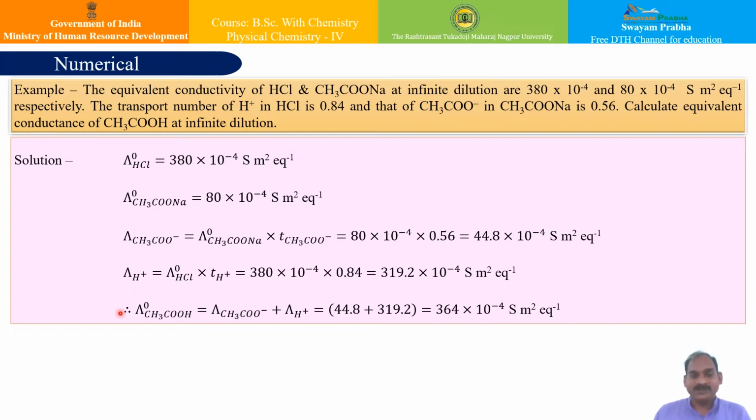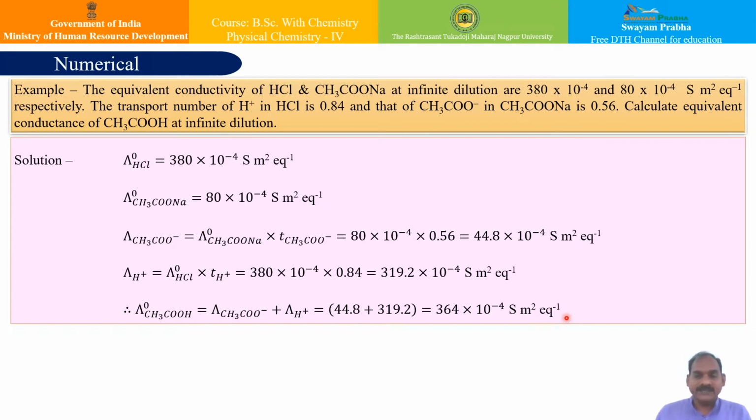And if I substitute this in the splitting, the equivalent conductance of acetic acid at infinite dilution is equal to the equivalent conductance of acetate ions plus the equivalent conductance of hydrogen ion individually. If I substitute here, I get 364 into 10 to the power minus 4 Siemens meter square per equivalent. So this way I can calculate the equivalent conductance of acetic acid at infinite dilution.